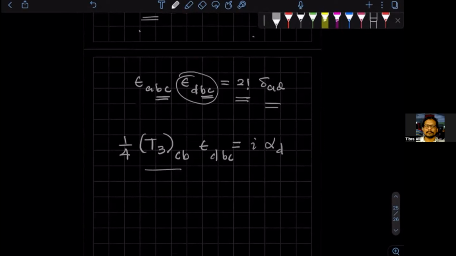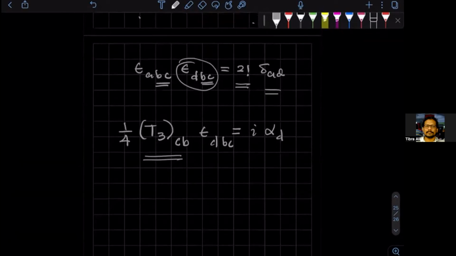Now I know what the structure of T is. T3 of CB is given by i times epsilon 3 CD.